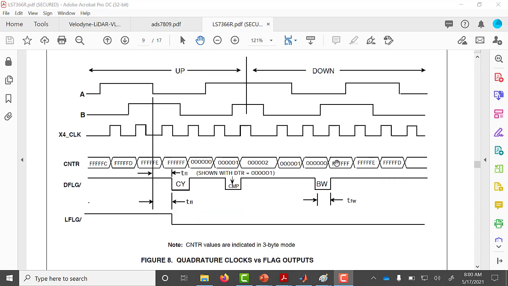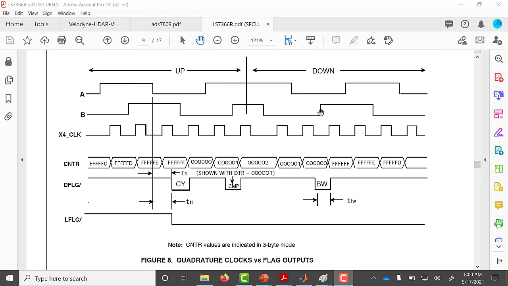If you remember that code wheel that I showed you, you've got lines on the code wheel, and when you shine a light through that and you have a light sensor on the other side, and then you turn the code wheel, you're going to get alternating pulses on each of the A and the B channel. When the A channel leads the B channel, that's going in a positive direction.